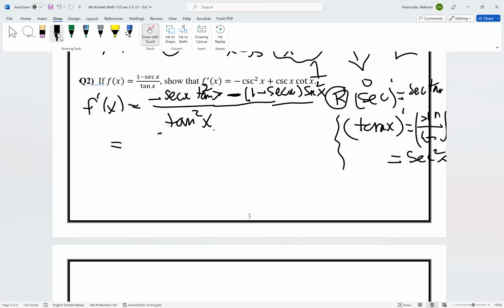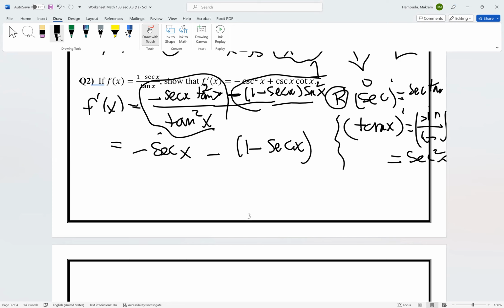So if I separate this, then this is minus secant x. And don't forget that this one is also divided by tan squared. So it will give me minus 1 over minus 1 minus secant x, and it should be multiplied by secant squared, but divided by tan squared.